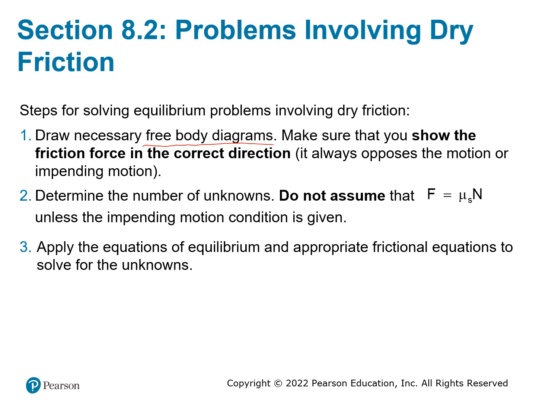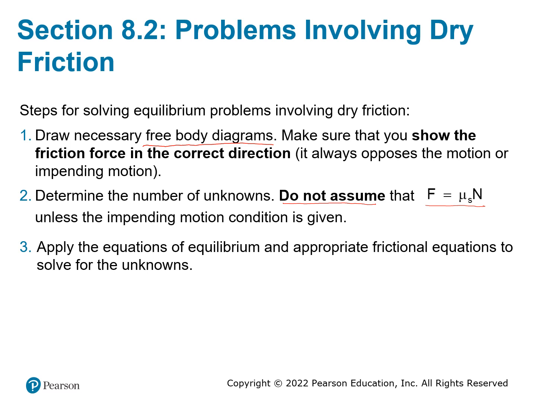A second thing is that you need to also identify the possible way the things will move, because it is going to help you to identify the friction force direction, which should be opposed to the direction of the motion. And very important, you don't assume that your friction force is always equal to this, because this is the maximum.